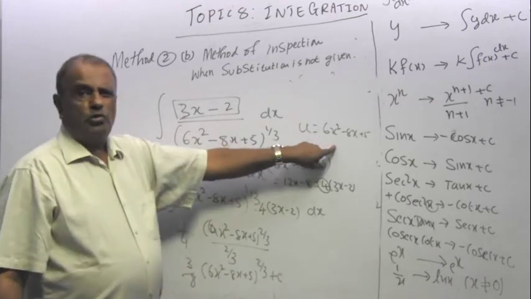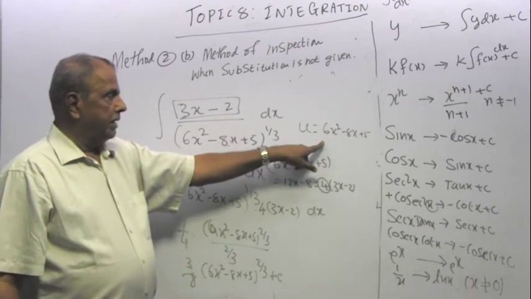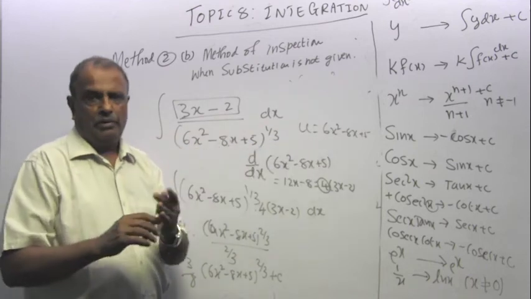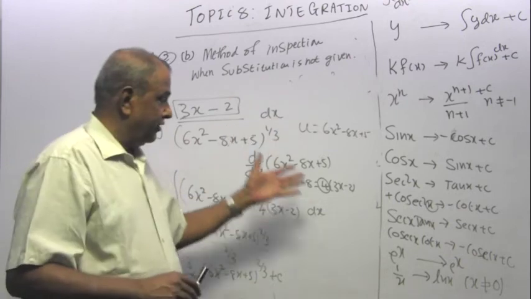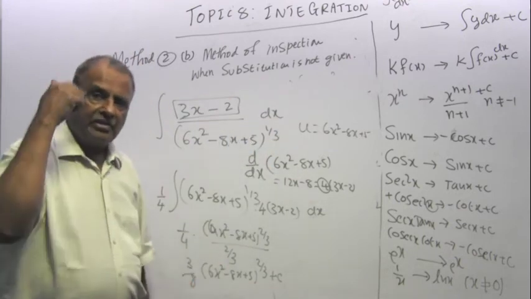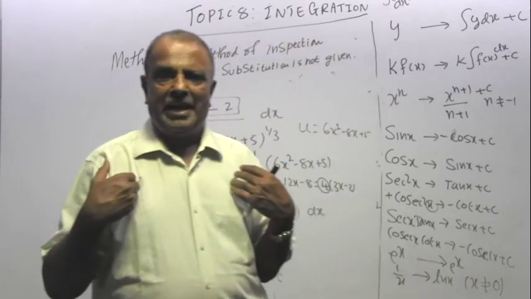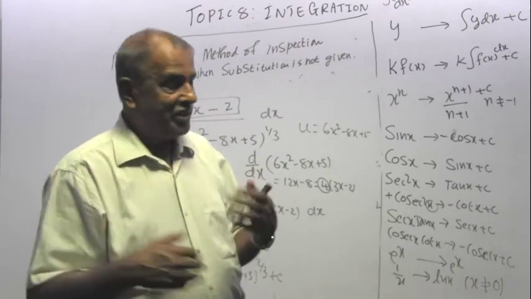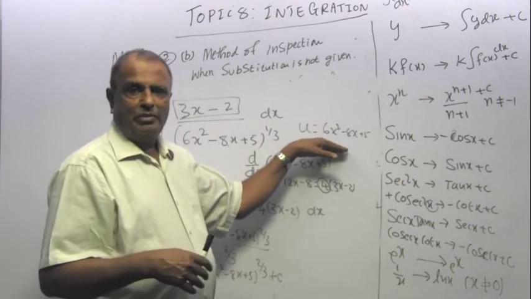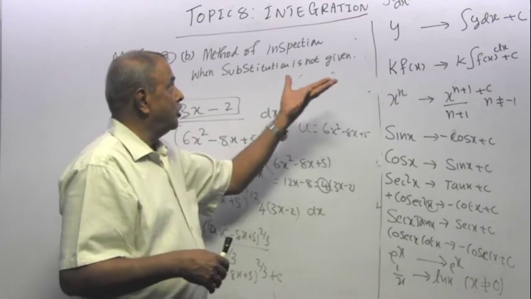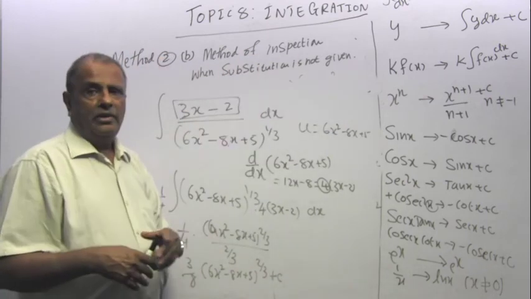I will leave it to you for practice. Do du by dx. But as I told you, be careful. Even though it saves you a lot of work, it requires a lot of thinking. If you're not comfortable, or if you're like me, committing silly errors, I would rather you use substitution. But if you wish to, you could use the method of inspection.